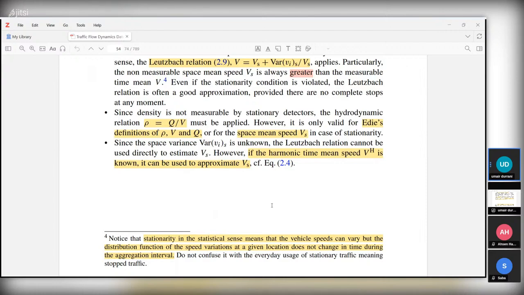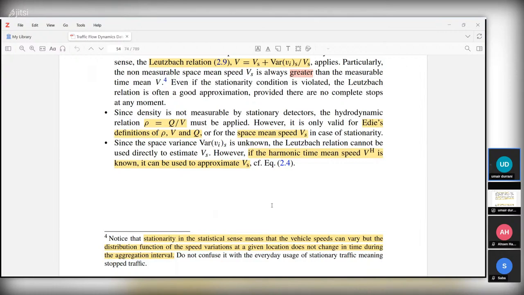If this distribution of speed is parameterized by a Gaussian distribution with a mean and a standard deviation, and those parameters are not changing over time, and by time I mean only this aggregation interval of 15 minutes in this example, then we say that the conditions are stationary in the statistical sense because the distribution function remains the same within the aggregation interval.